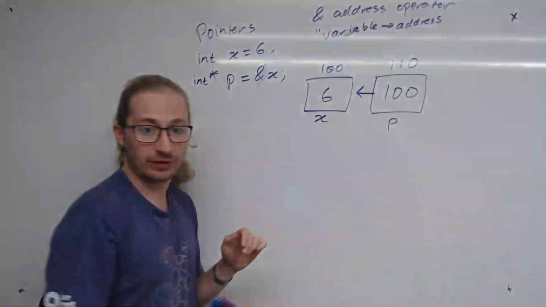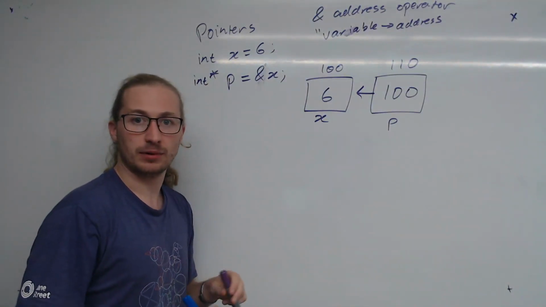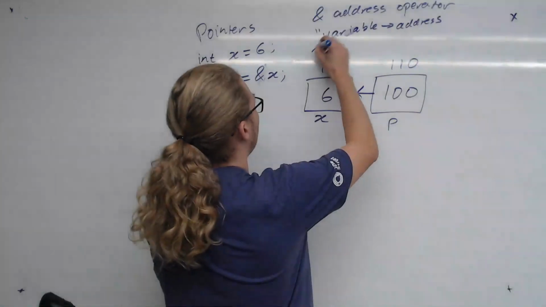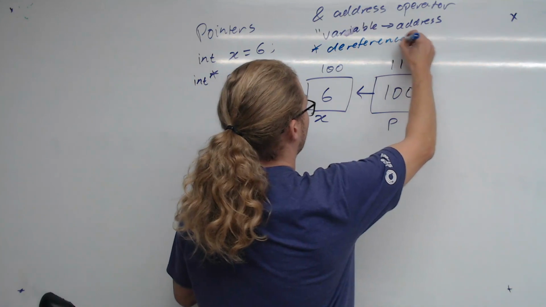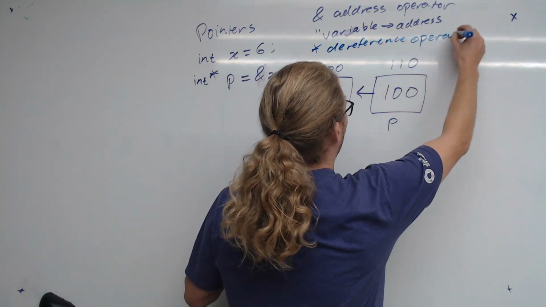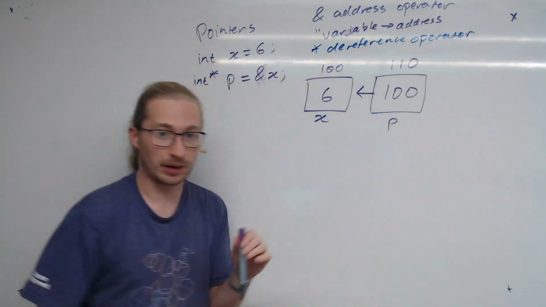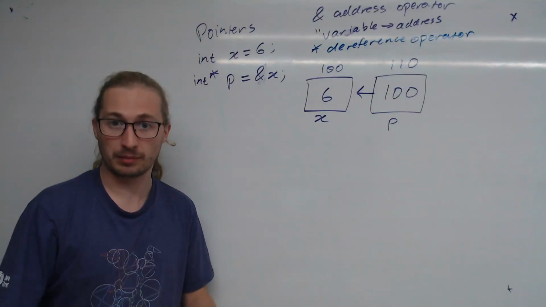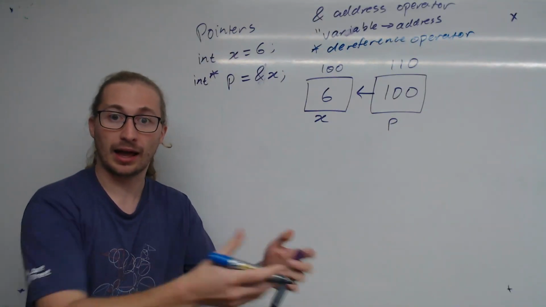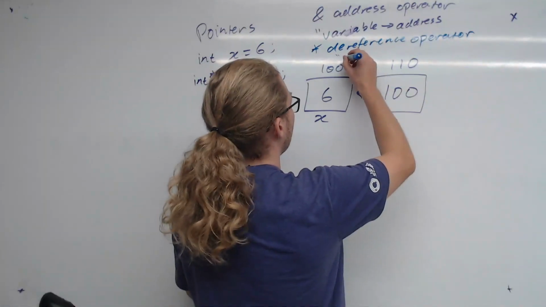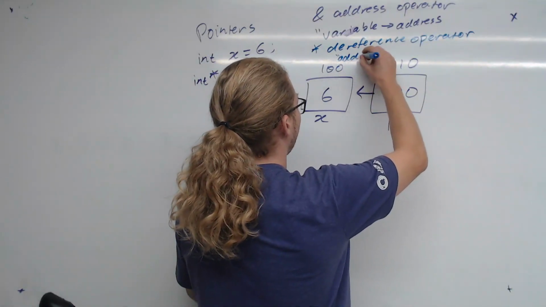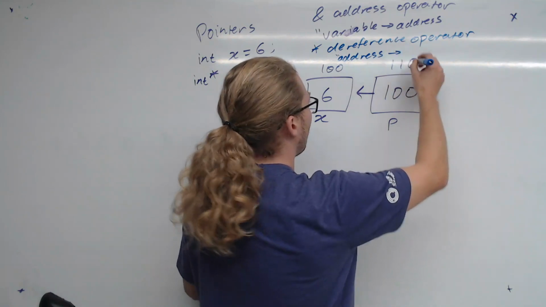And we also have the opposite of this. We have the dereference operator, which is denoted by star. The dereference operator basically takes a pointer or a memory address, whatever you want to call it, and looks up what lives there. So this does the opposite. It takes an address and returns a value.